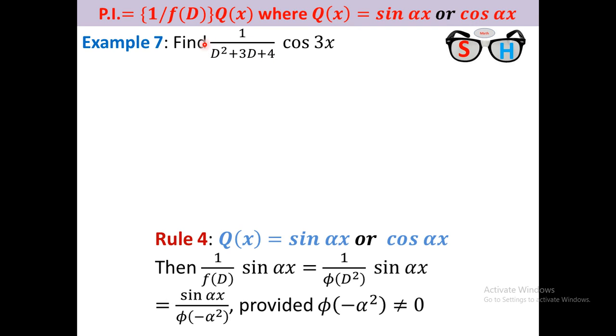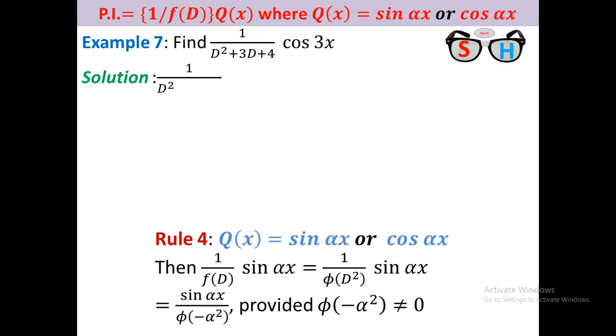Here it is not a function of d square. A function of d square means it contains d square, d to the power 4, d to the power 6, that is, even powers of d only. But here in f of d, an odd power of d is present, here it is d. If d or d cube or d to the power 5 is present in f of d, then how do you solve it? Because it is not directly a function of d square.